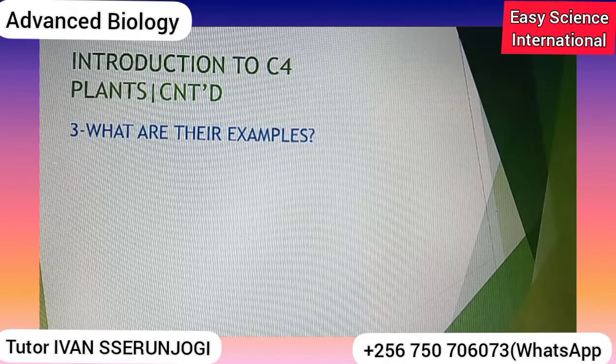Basically, grasses are entirely C4 plants.